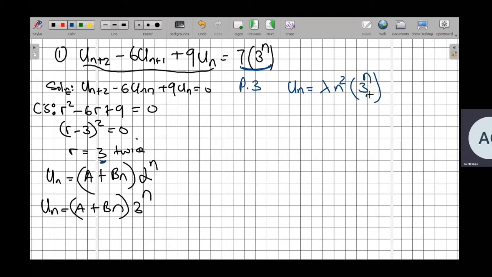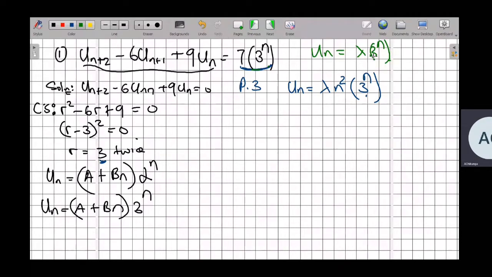here is the table, and I said you can actually have a situation whereby you can try to use, remember, this is an exponent. So you can actually start by trying to use U_n is equal to what? Lambda 3 to the power of n. You see that?